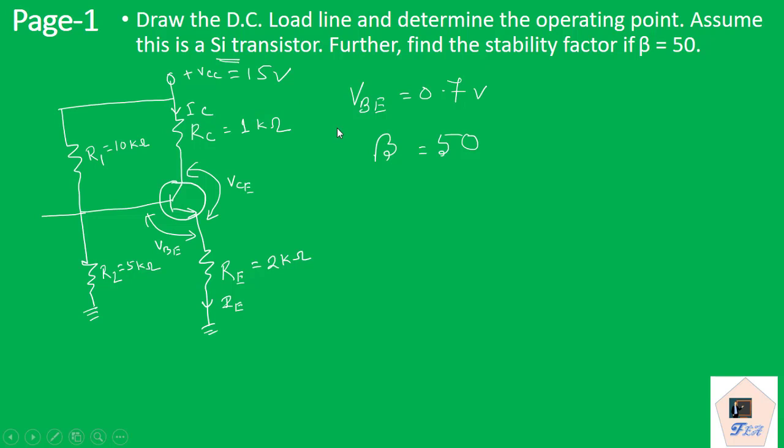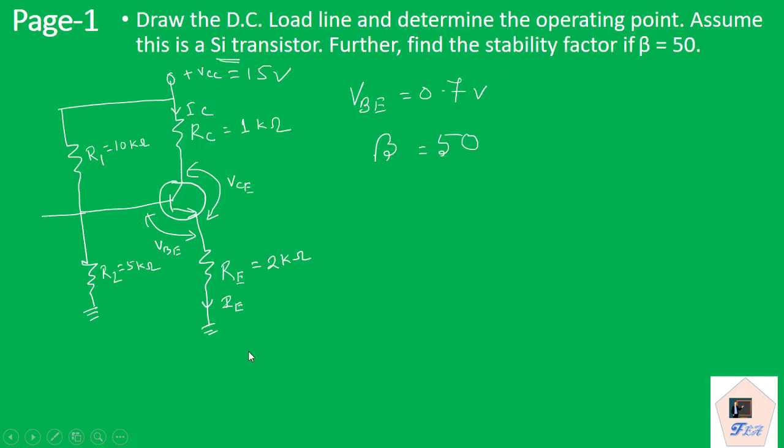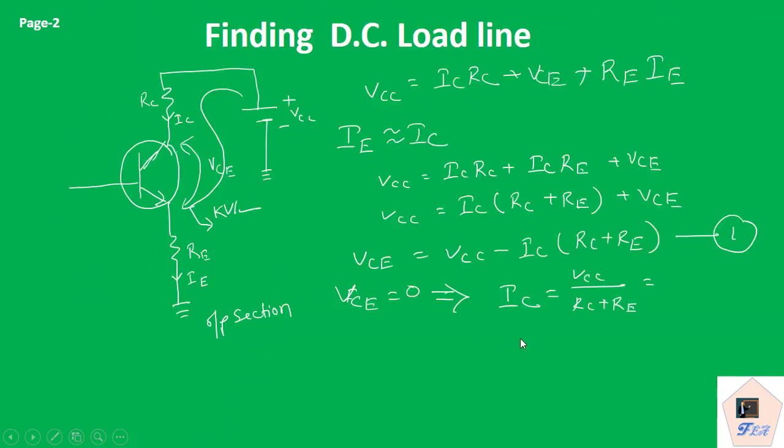So VCC let us consider as 15 volts, and RC and RE values are given as 1 kilo ohm and 2 kilo ohm respectively. So we can put it here as VCC 15 volts, and this is 1 plus 2, that is 3 kilo ohm, so 10 to the power 3. By solving this, we find that the IC value is 5 milliampere.